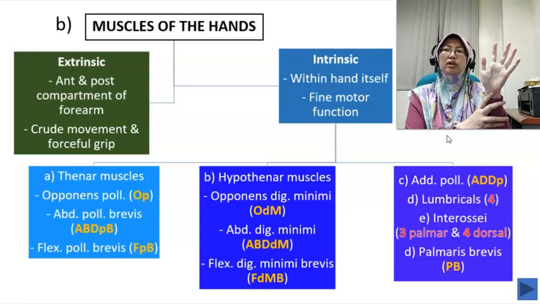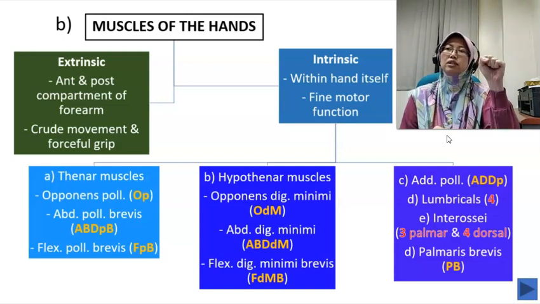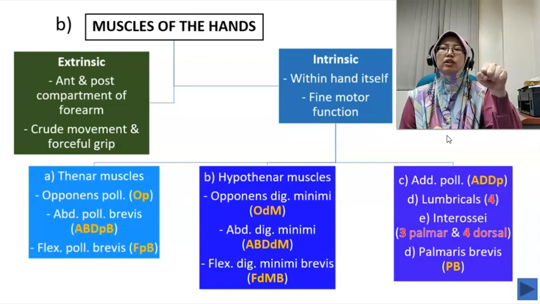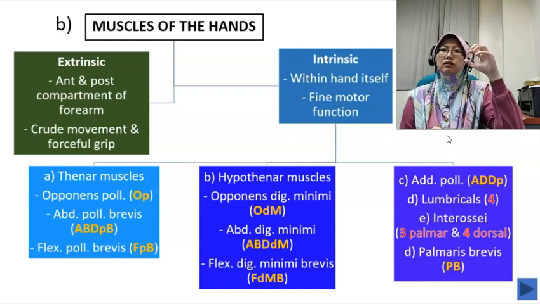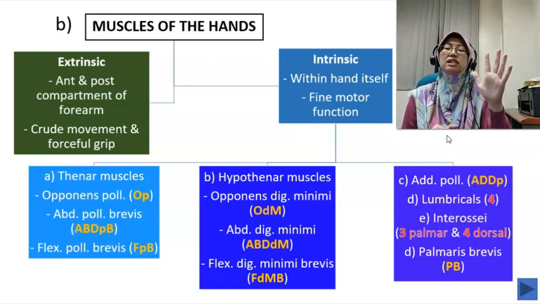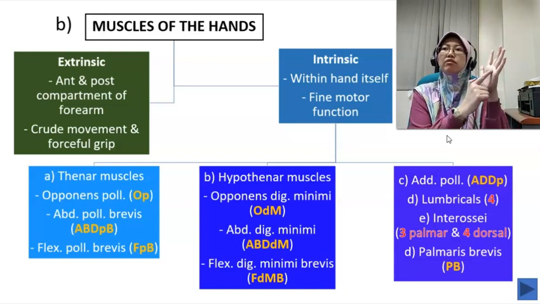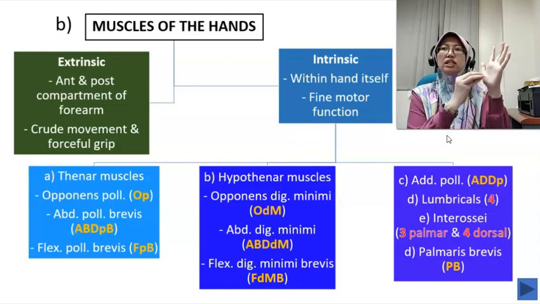And extrinsic muscle ni biasanya involved in crude movement or forceful grips, yang labor action from the hand, as compared to intrinsic, the small muscle of the hand. Dia memang origin insertion dia semua dari hand kepada hand.